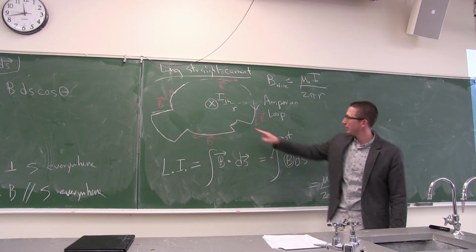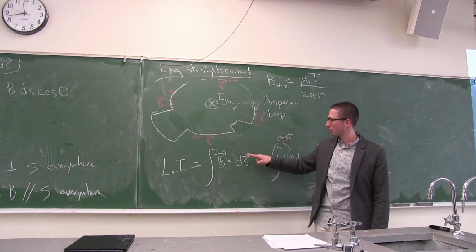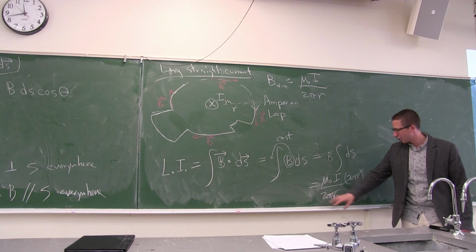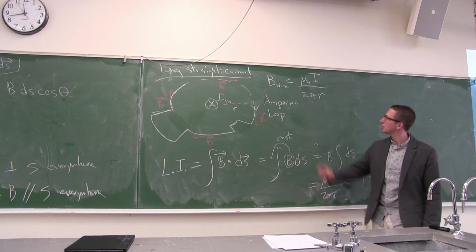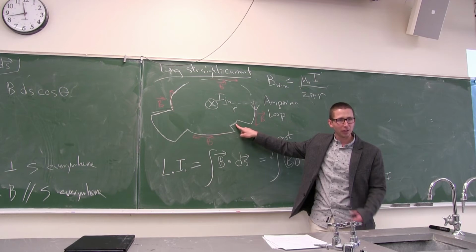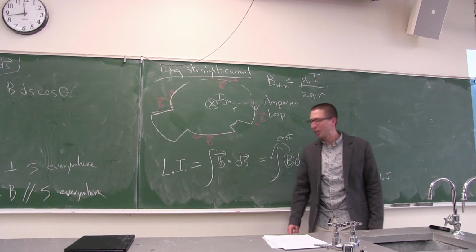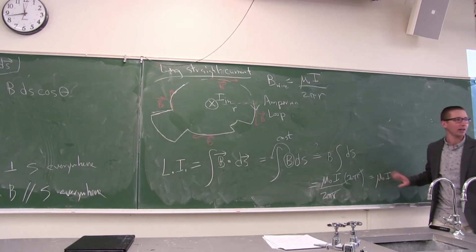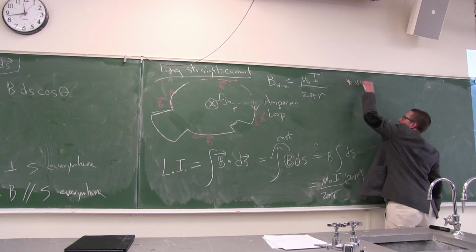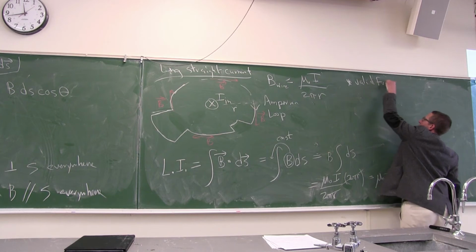It would be a line integral with a smaller radius, but that would just make r smaller here. So in every case, the radius r will cancel with the curvature of the loop. And regardless of the shape, you're always going to get mu naught times I. So it works. It's valid for any shape.